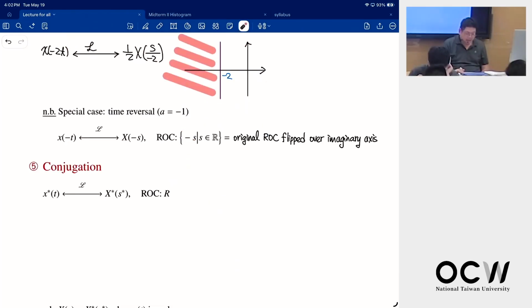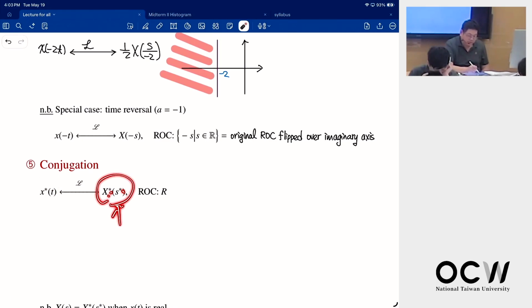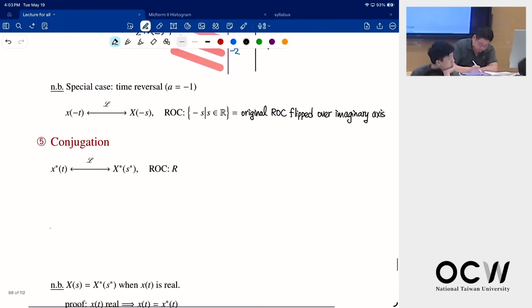Next, conjugation. For conjugation, if I conjugate in time, in the S domain I conjugate both: conjugate your Laplace transform and also S conjugate. The region of convergence is still the same. So what is the conjugation here? This is the real part, and here's the imaginary part.